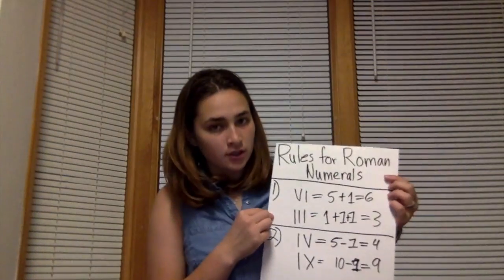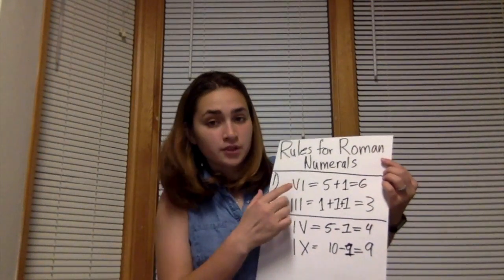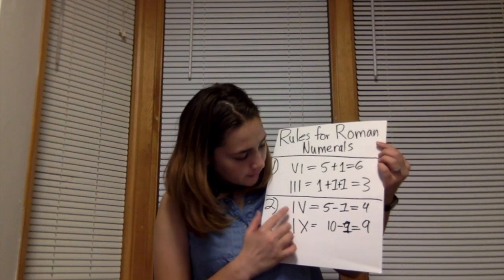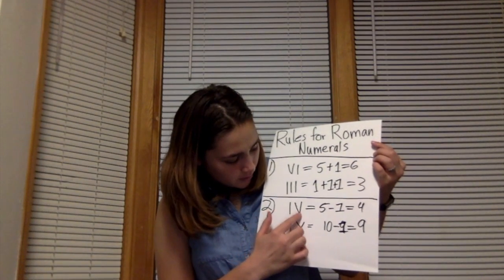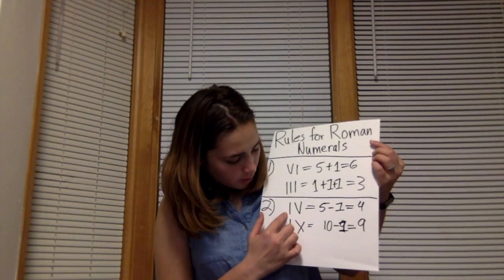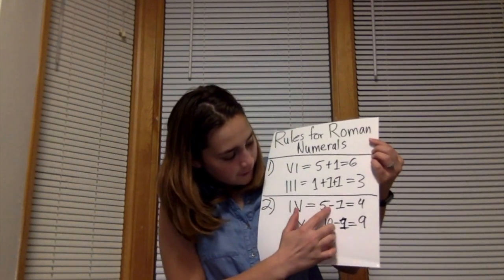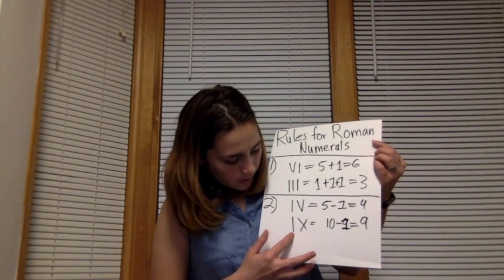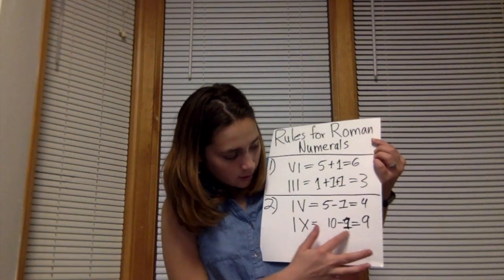The second rule is that if a numeral is smaller than the next, then subtract it. So, if it goes smaller numeral, then bigger numeral, you subtract the smaller numeral from the bigger numeral. 5 minus 1 equals 4. And then 10 minus 1 equals 9.